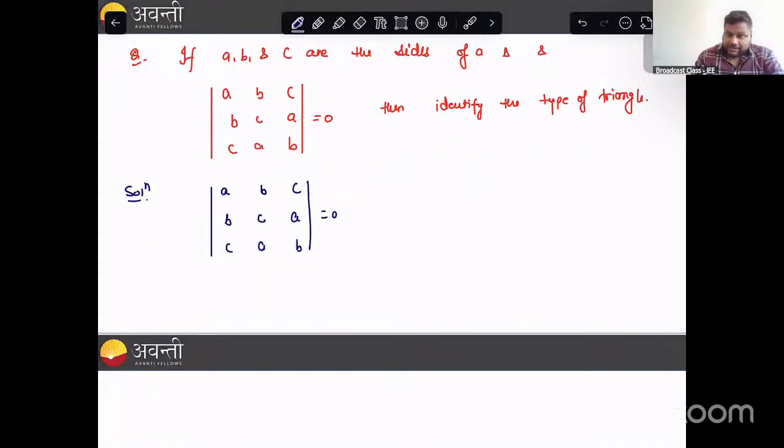Anyways, its expansion I have told you: minus of A plus B plus C into A square plus B square plus C square minus AB minus BC minus CA goes 0. Right? Now see, since ABC are the sides of the triangle, this A plus B plus C will not go 0.